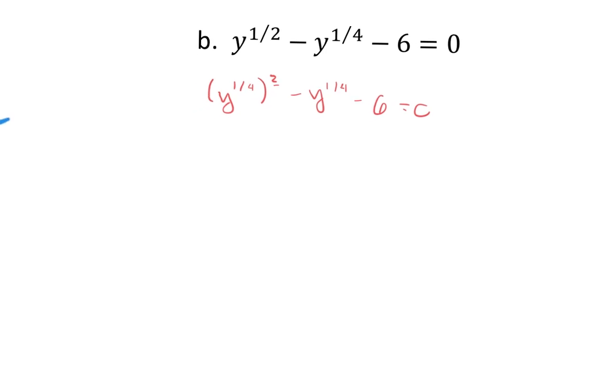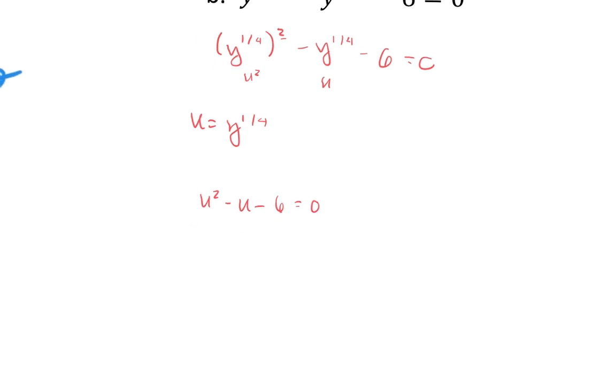Here I'm going to make the substitution u equals y to the 1/4. So this is going to become u squared minus u minus 6 is equal to 0. Now two numbers that multiply to -6 and add to -1 are -3, positive 2.